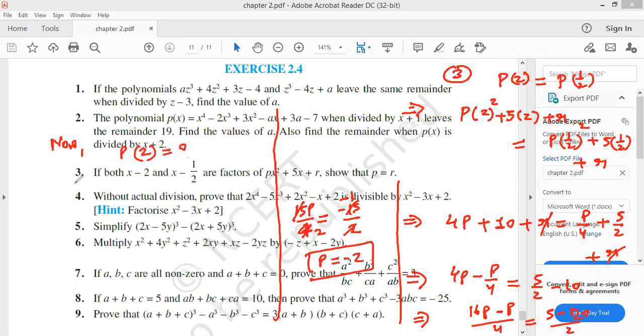If you substitute the value of p here in this one, p of 2 is 0. तो p की जगह पे यहाँ पे हम लिखेंगे -2 into 2 square plus 5 into 2 plus r is equals to 0. Now we have the value of p. Just I have substituted the p as -2 here. It will be 2 2 4 2 8 -8 plus 5 2 10. Correct. Plus r is equals to 0.